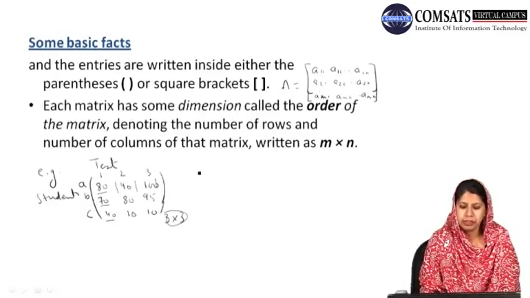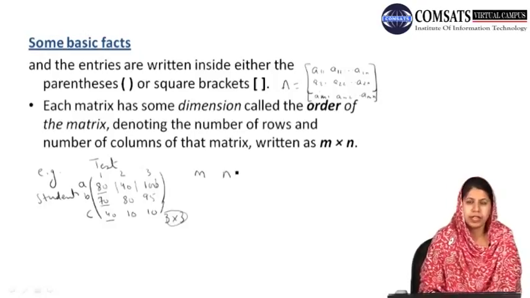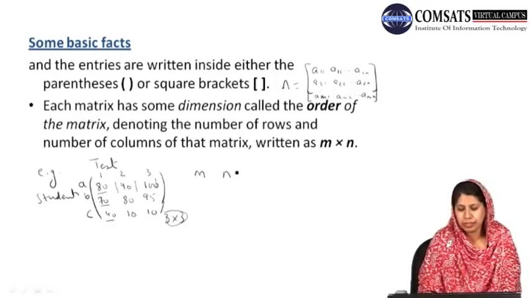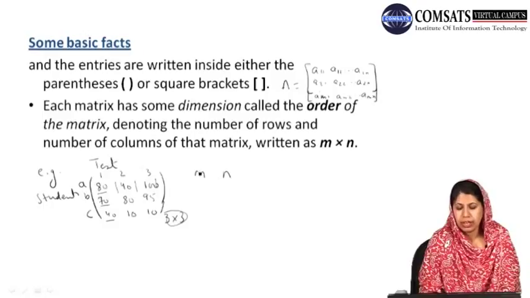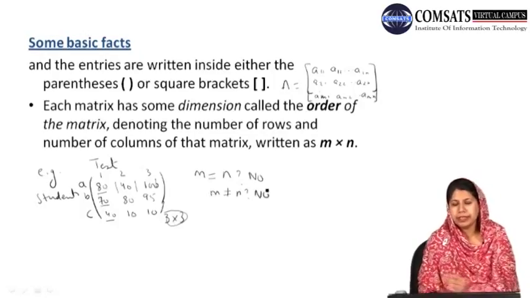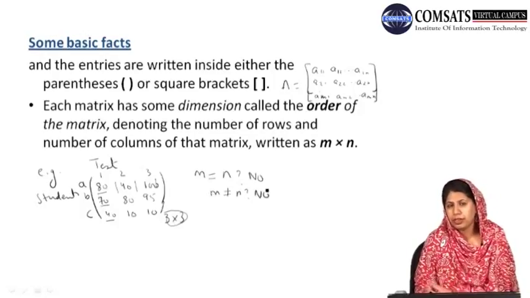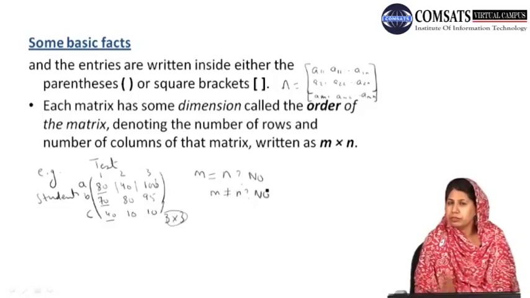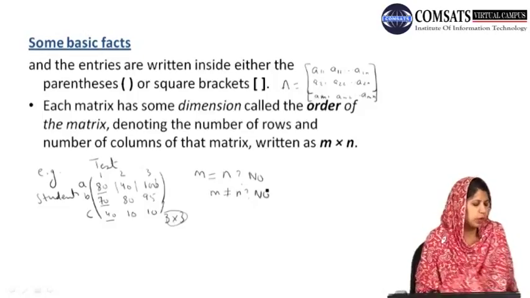One thing we have to observe is that the number of rows and number of columns can be any positive integer. There is no condition that the number of rows equals the number of columns, or that they should be only different. No. A matrix can have any number of rows and any number of columns greater than or equal to 1.